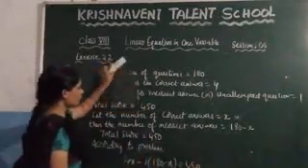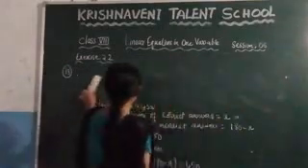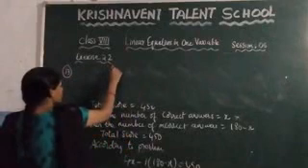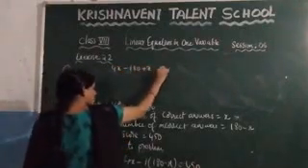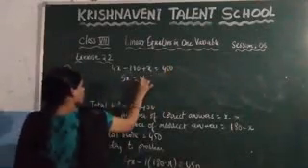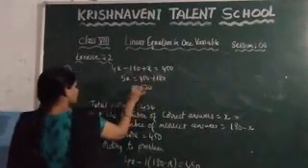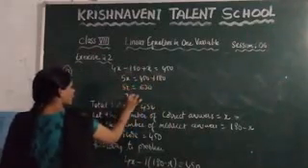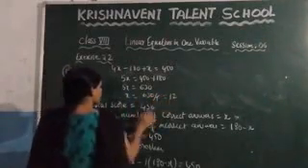So what you will get here? After solving this one, 4x minus 180 we already solved. So you get 5x is equal to 450 plus 180, which is 630. 5x, and what is the value of x? 630 by 5, which is 126.